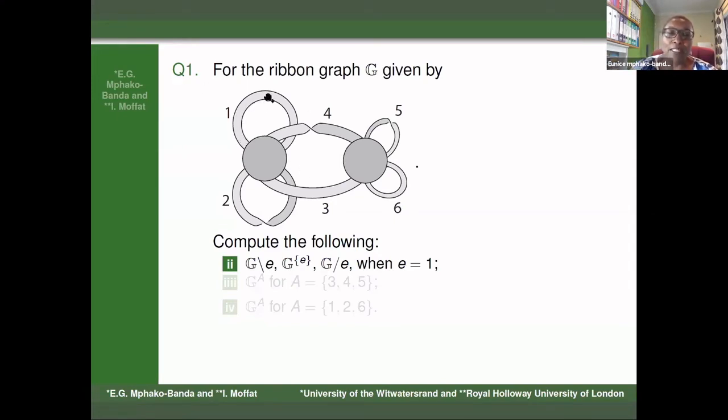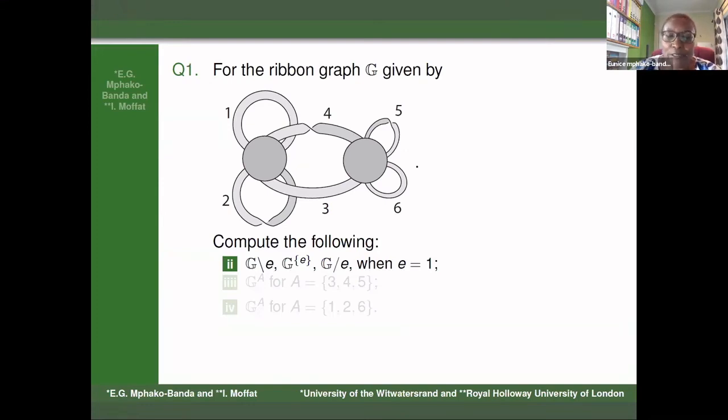We are looking at this loop. Can you delete this one and just find what the subgraph is? After that, can you find the partial dual using this edge 1? Find the partial dual, then contract it and see what happens when you contract this edge.